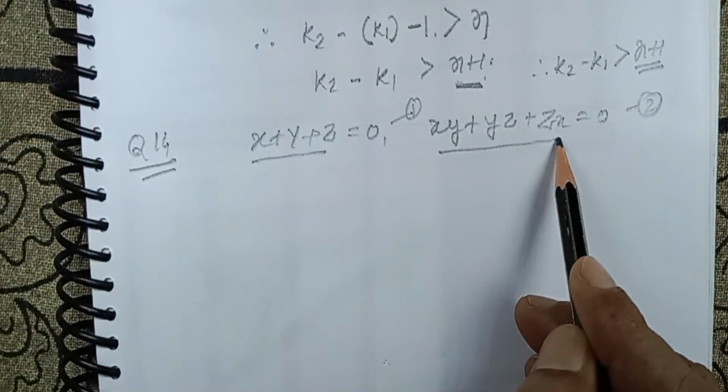Now see, x plus y plus z and xy, yz, zx come under which identity?